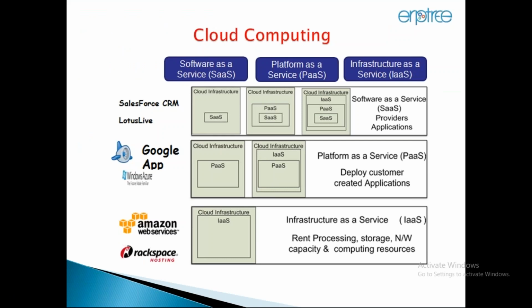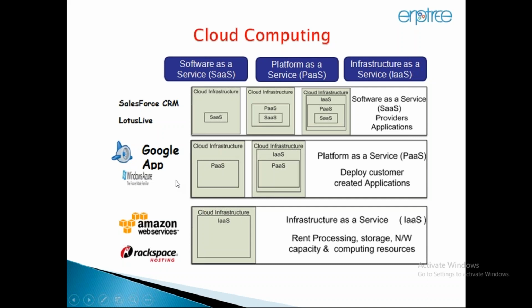So here is one of the examples for you to look at in the case of SaaS, PaaS, and IaaS. You can look at the first box, which explains software as a service. You can take the examples: Salesforce CRM and Lotus Live are some of them which give only software as a service, where you get access to your software.